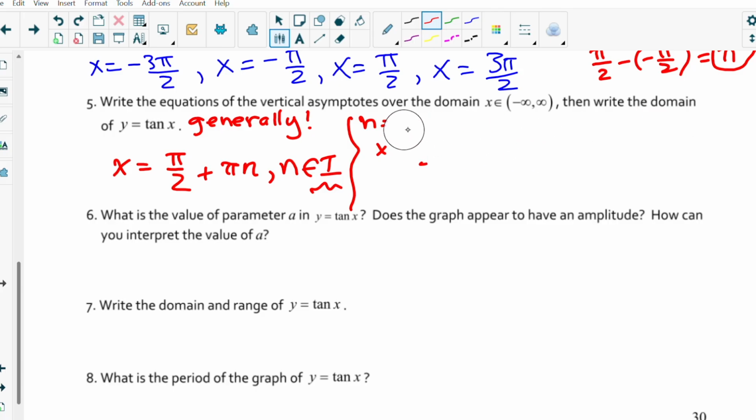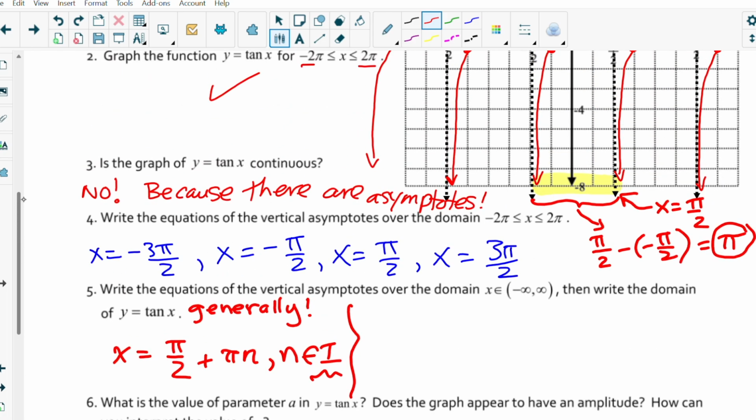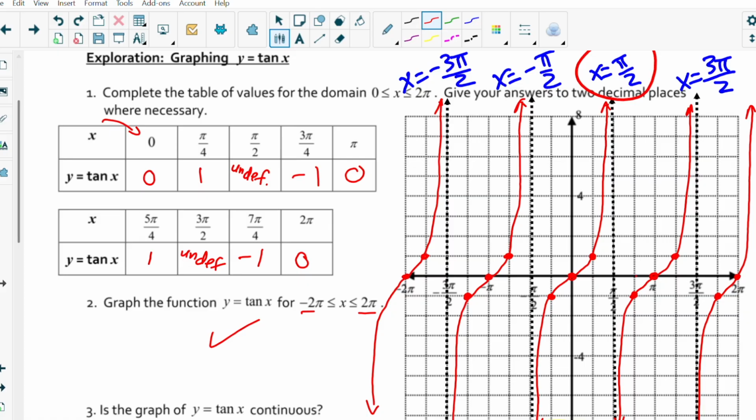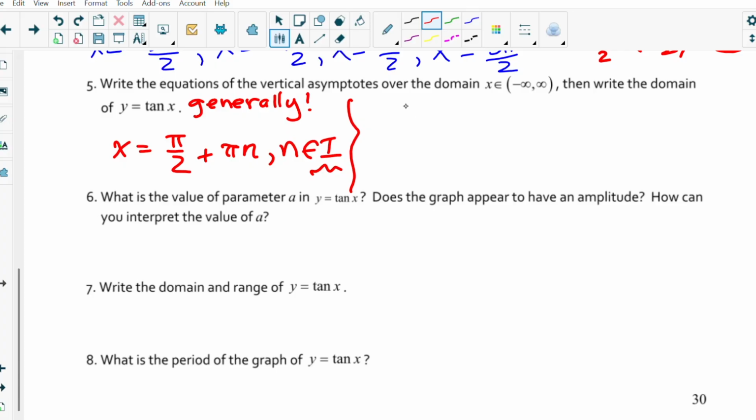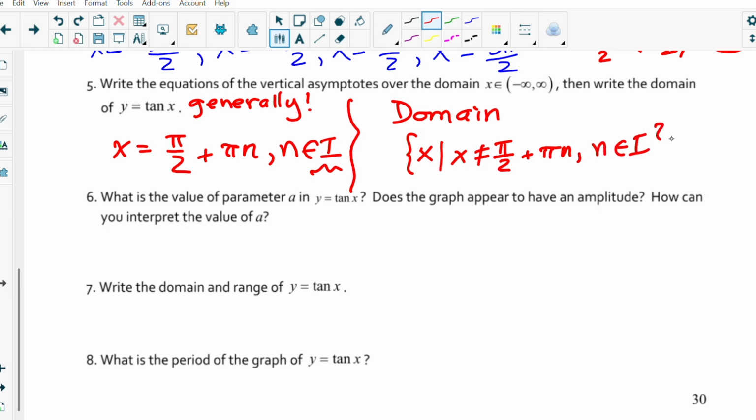Write the domain. The domain is going to be all x values except for the asymptotes. So how do I do this in a nice simple way? I'm going to rewrite the equation with the asymptote but with a slash through it. X does not equal pi over 2 plus pi n, where n is an element of integers. So there we have it.